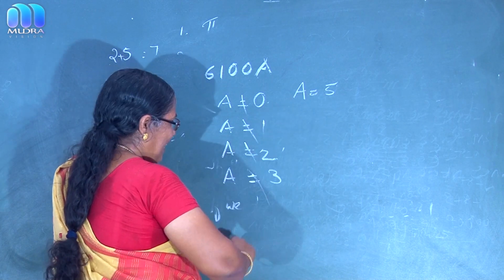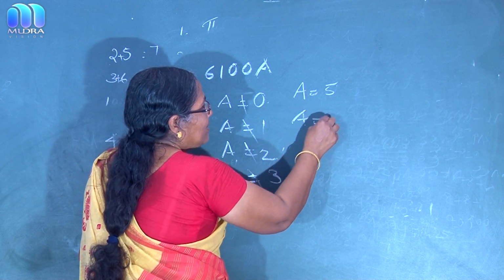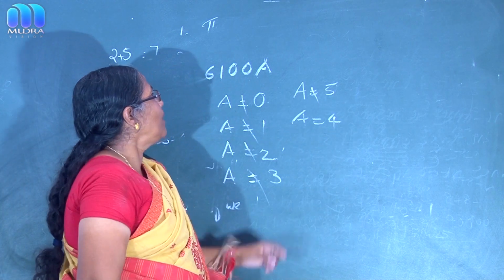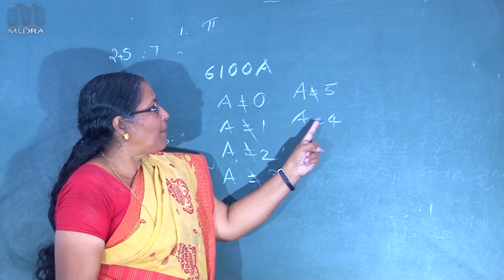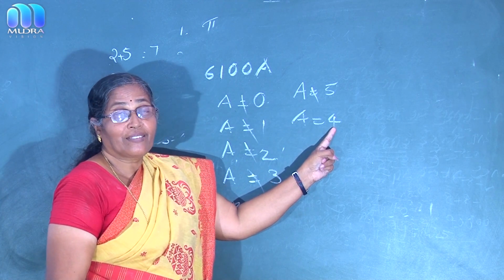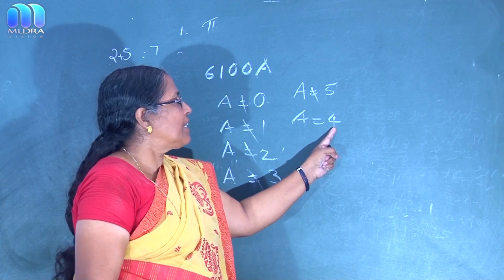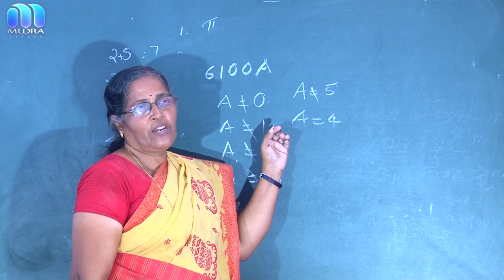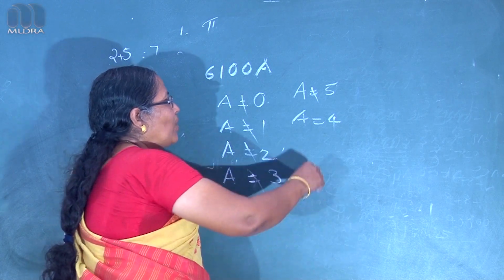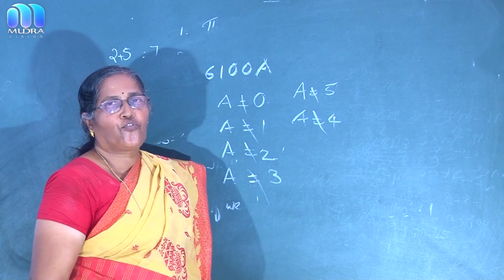Then we know that A is equal to 4? Look here, 6 plus 1, 7 plus 4. The sum of the digits of a square number will be 1, 4, 7 or 9. So, A is not equal to 4.